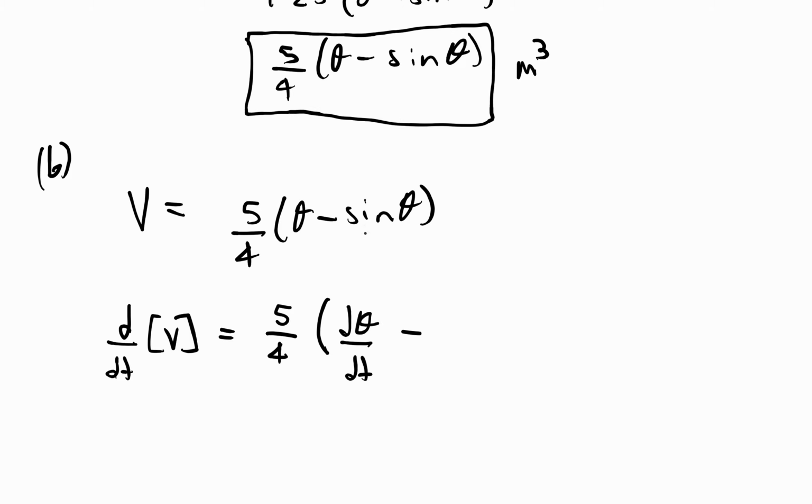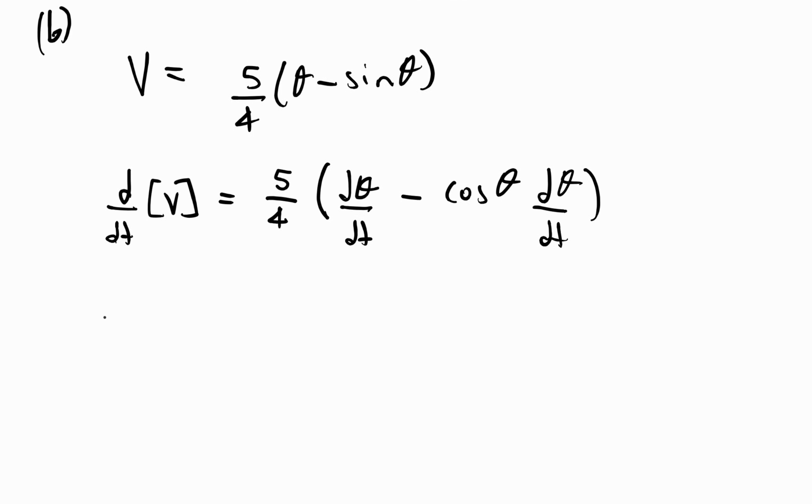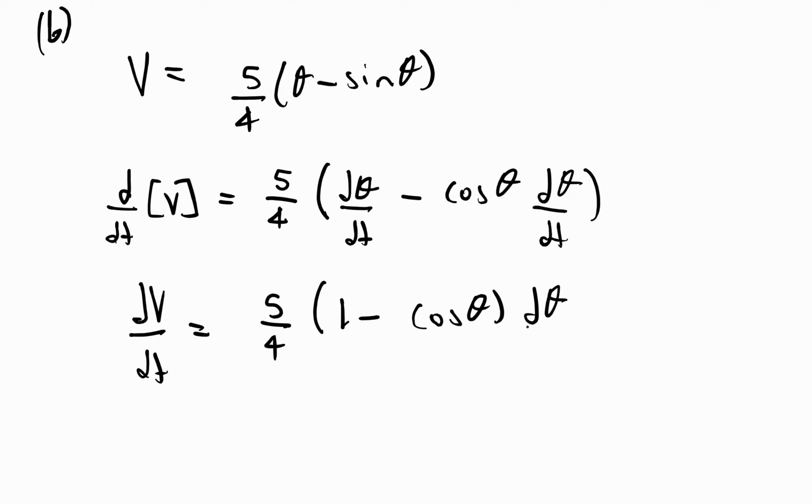And then sine theta, it's a chain rule, so sine theta becomes cos theta, and follow it up with the chain rule, differentiate the inside, that becomes again d theta by dt. This is the expression for volume differentiated. So I get that dV by dt, the change in volume over time, is equal to 5/4, and let's factor, right, (1 minus cos theta) d theta by dt.